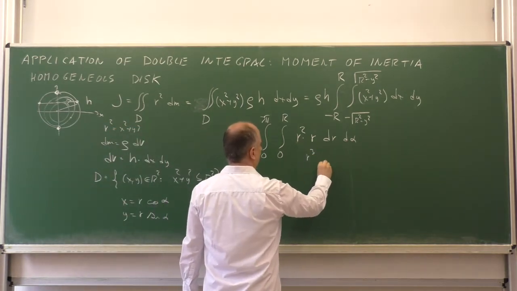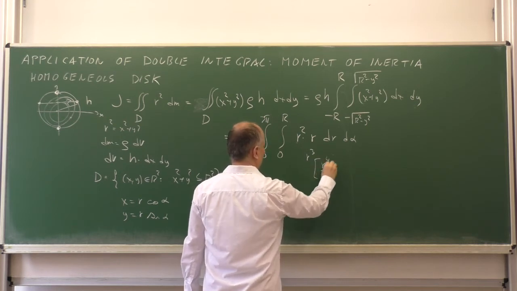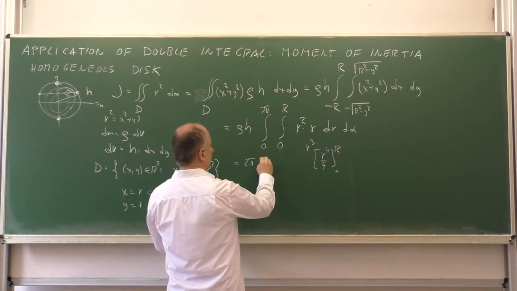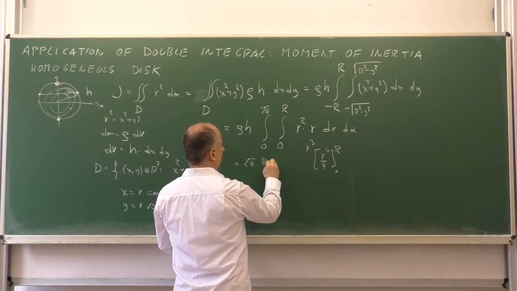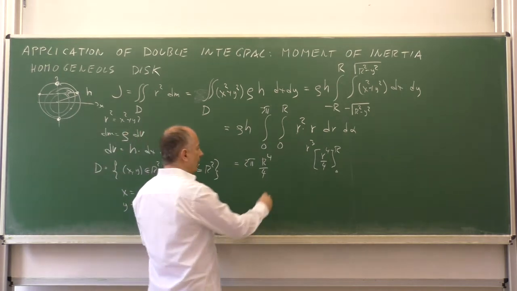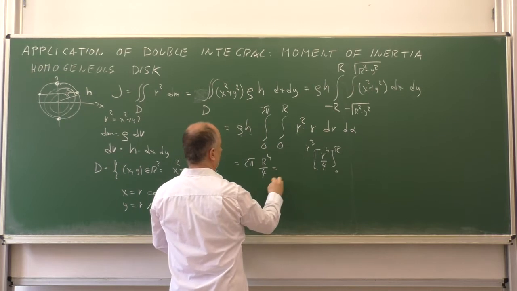The antiderivative is r to the 4 divided by 4 from 0 to capital R, which is capital R to the power of 4 divided by 4. And now times rho h.